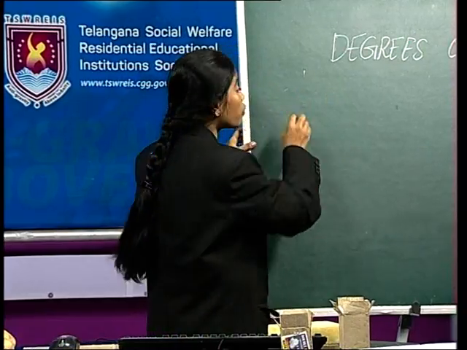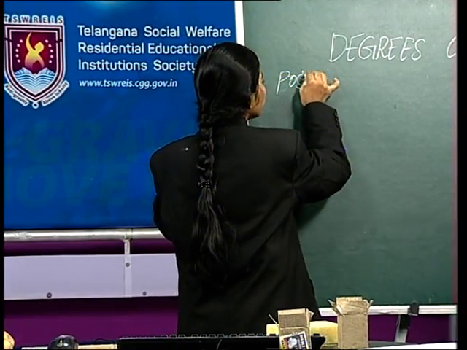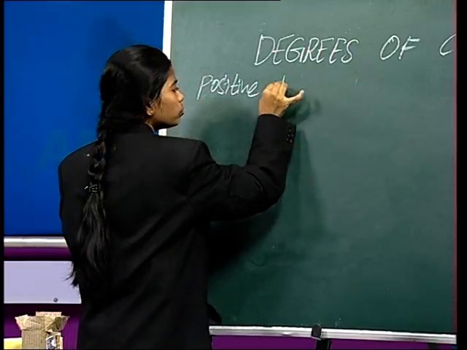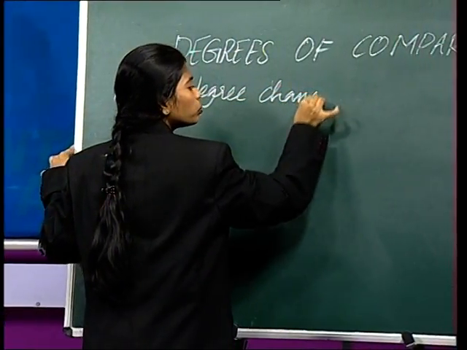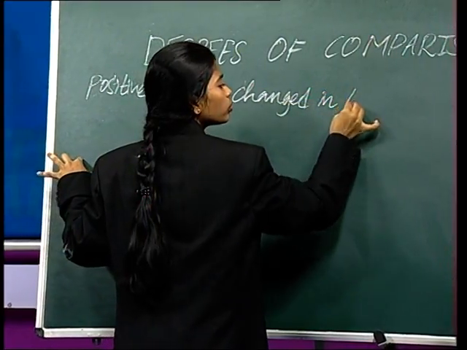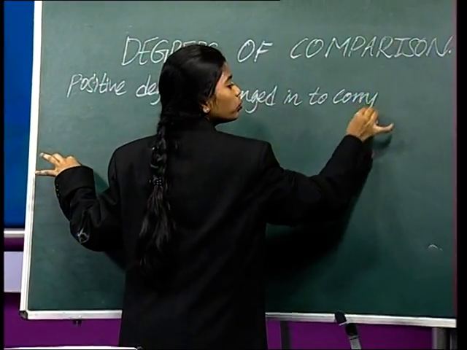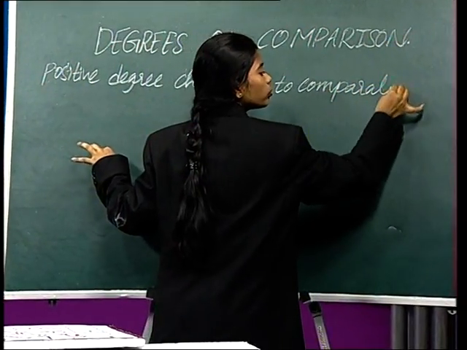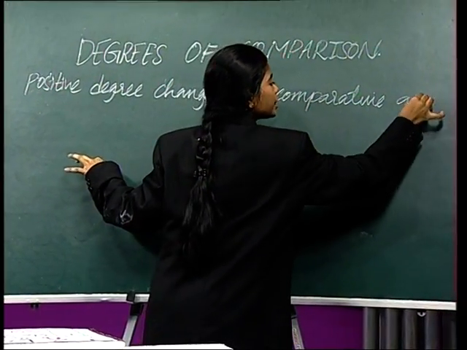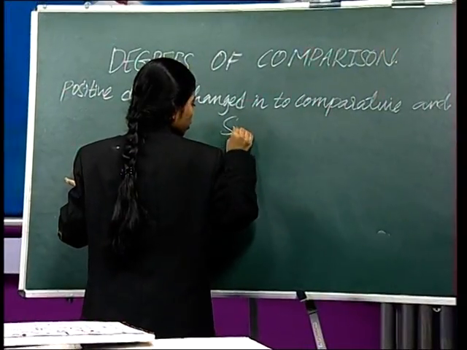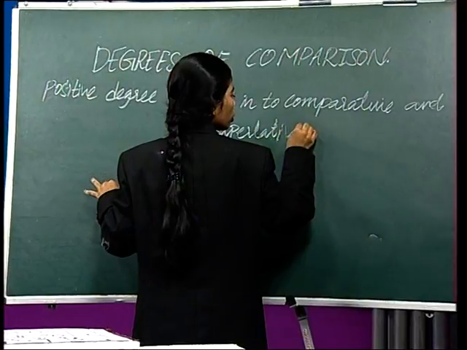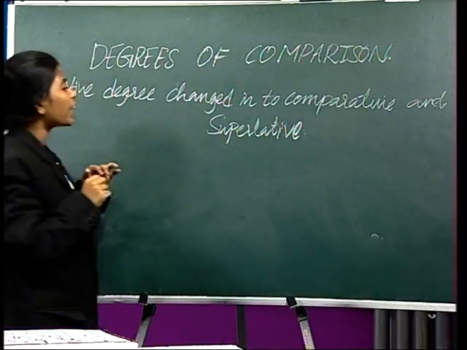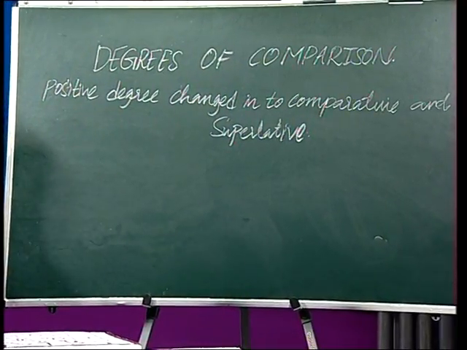So friends, let us learn the first pattern of these degrees of comparison. Okay friends, let us know first the positive degree, changed into comparative and superlative. Here, first we have to know what the positive form of the degree is.